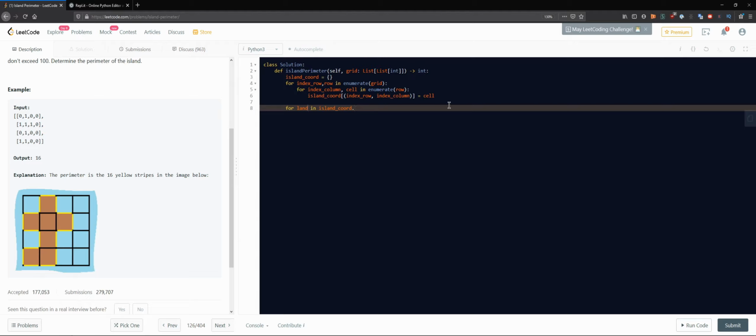Land, this would be coordinates, and yeah, land would be 1, 0 would be basically water, right? Let's have it like this. Was it items? I think it was items. We'll have to see afterwards. We'll have to debug it.